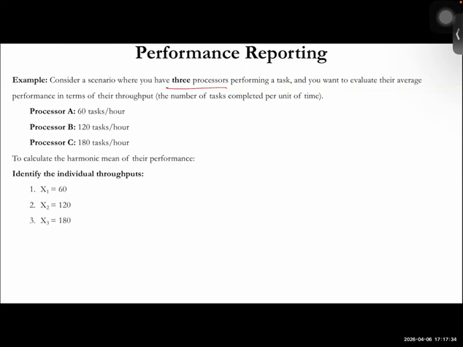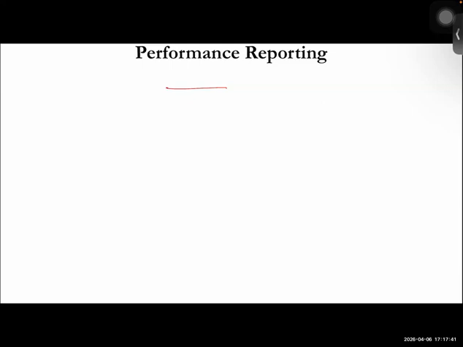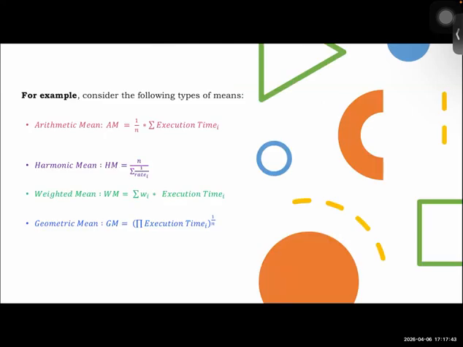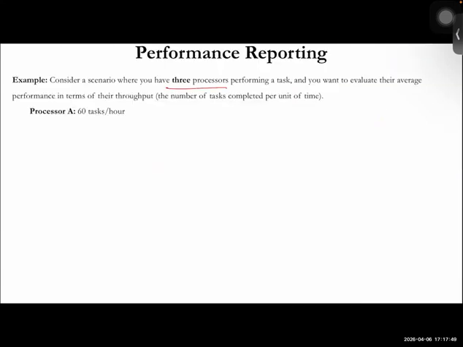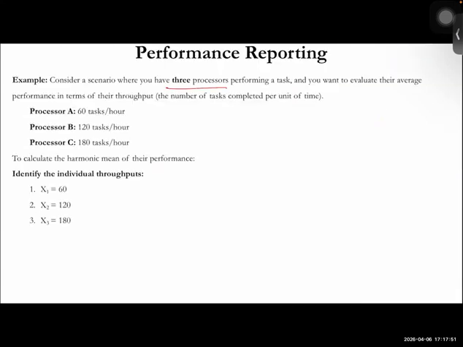How is the harmonic mean computed? The standard equation uses the number of processors over the sum of the rates. So let us assume here it is 1 over x1, its throughput.